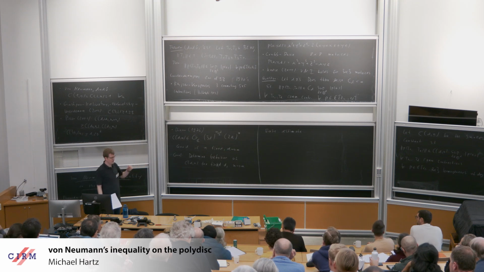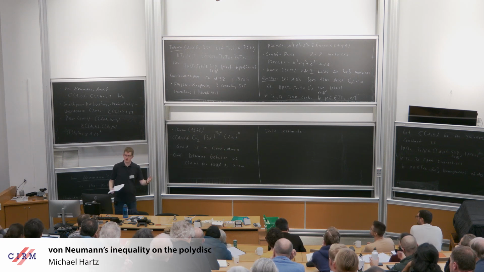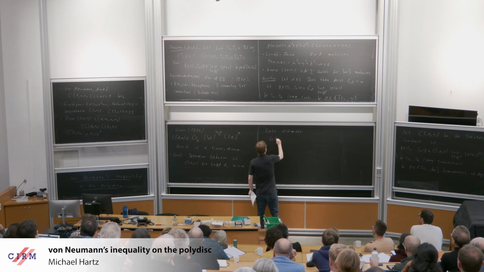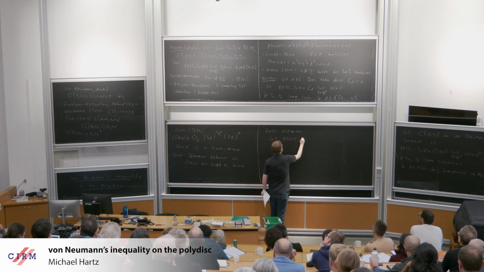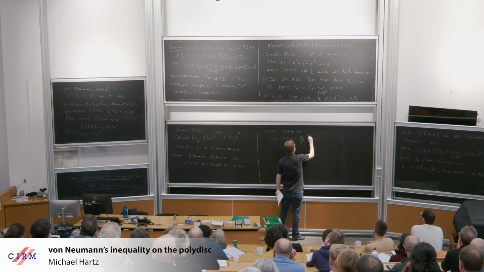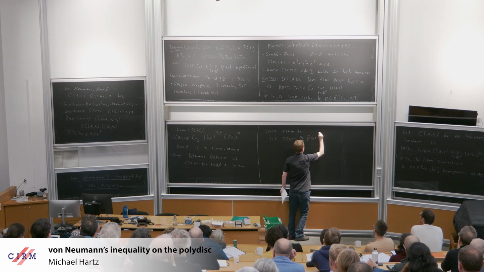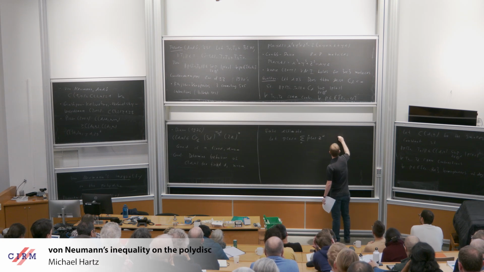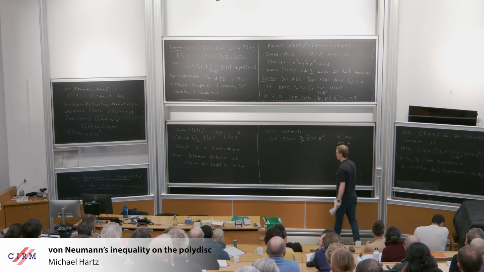Well, the most naive thing you can do is just use the triangle inequality and Cauchy-Schwarz. Suppose your polynomial looks like this. I'm using the usual multi-index notation here, z to the alpha, with d variables and homogeneous of degree n.